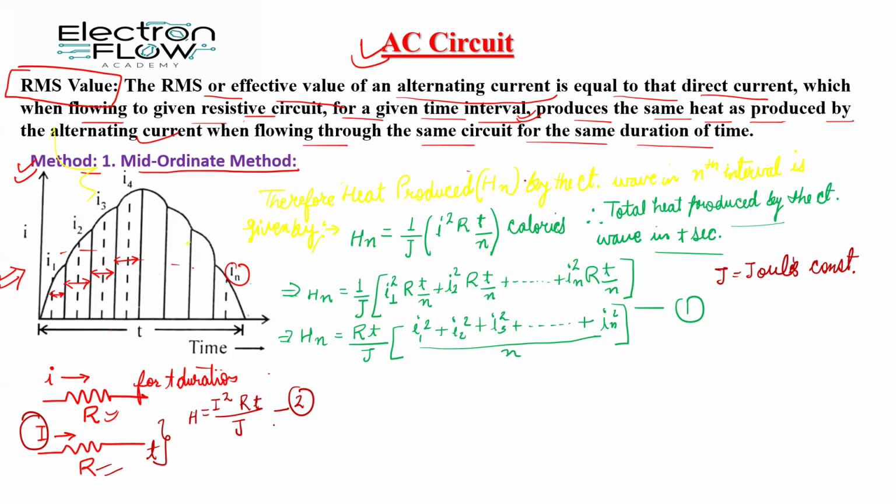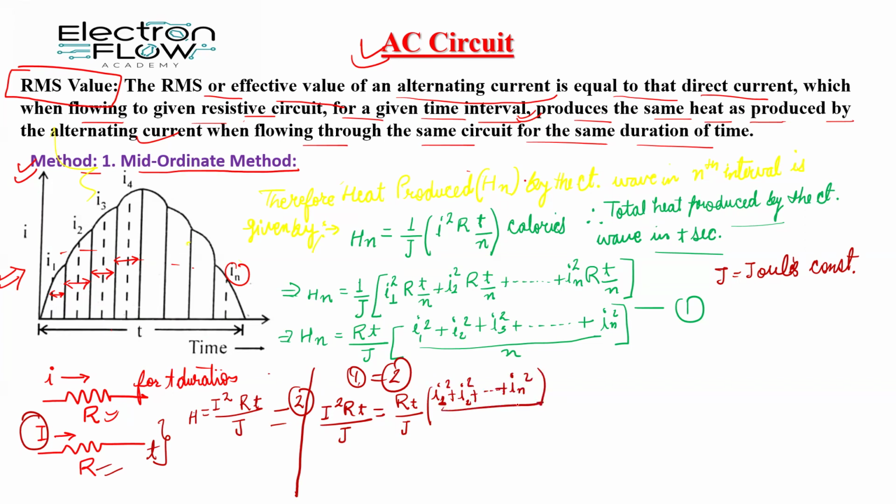By equating equation number one and two, we can see that I square R T divided by J is equal to R T divided by J multiplied by the expression I1 square plus I2 square and so on up to In square, divided by n.